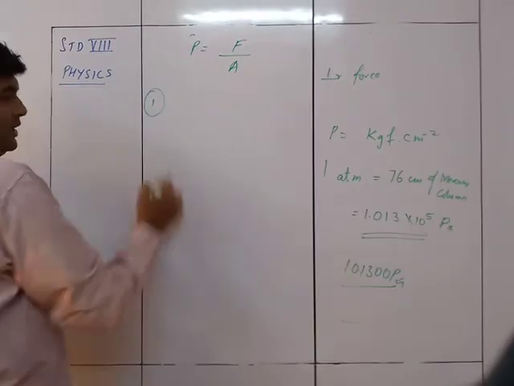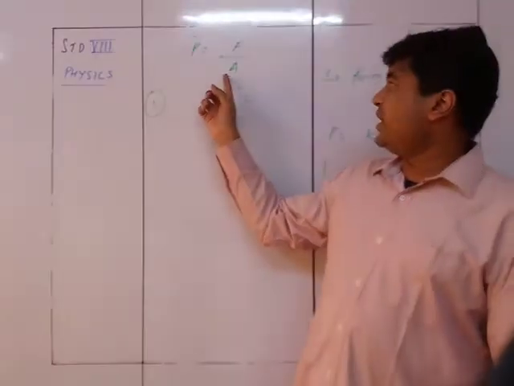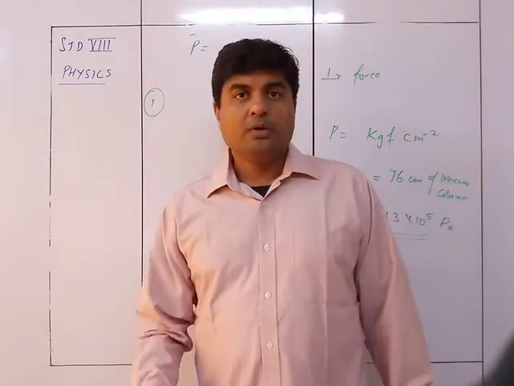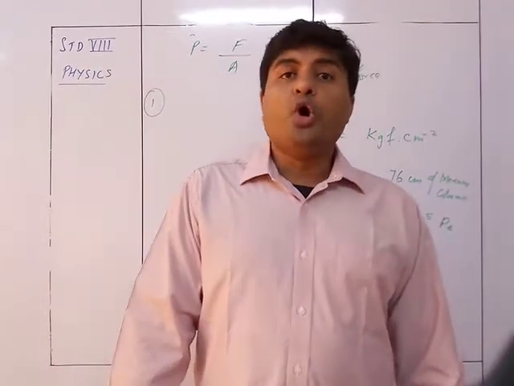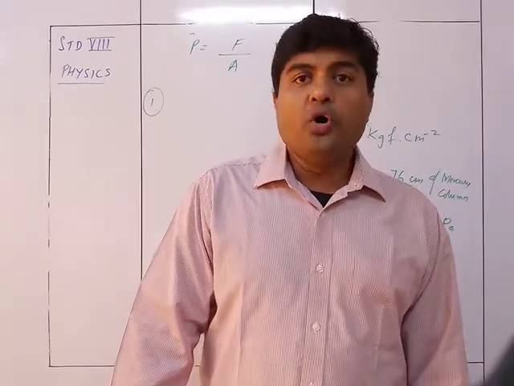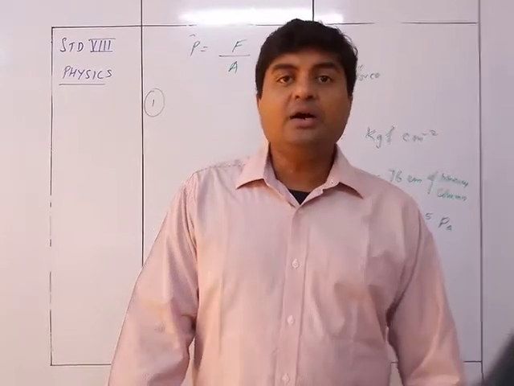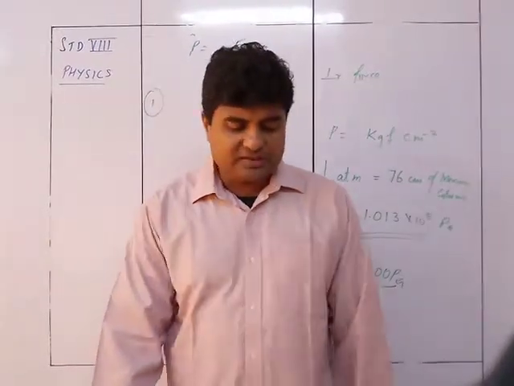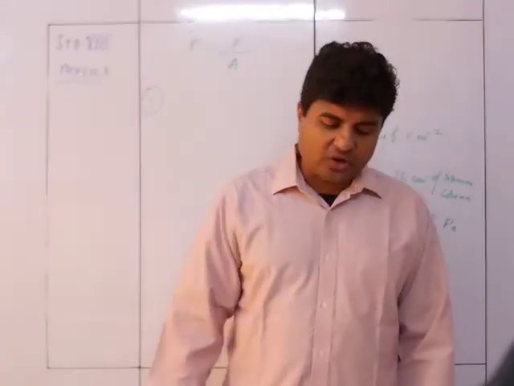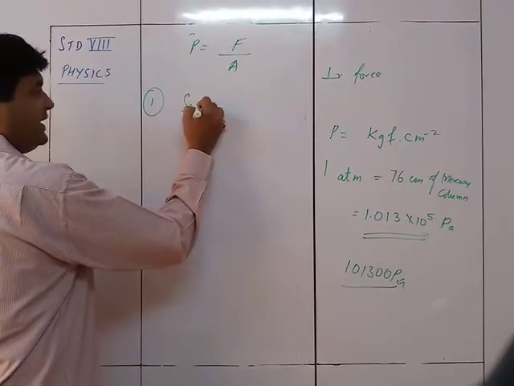So automatically the first thing will be dependent on the area of cross section. We discussed this thing. More the area, lesser the pressure. Lesser the area, more the pressure. So this is the surface area on which the thrust acts.